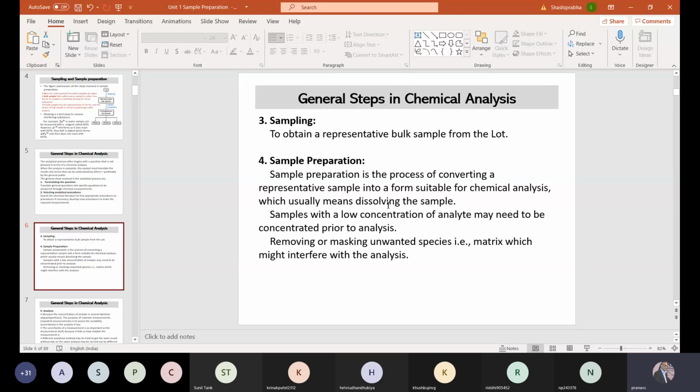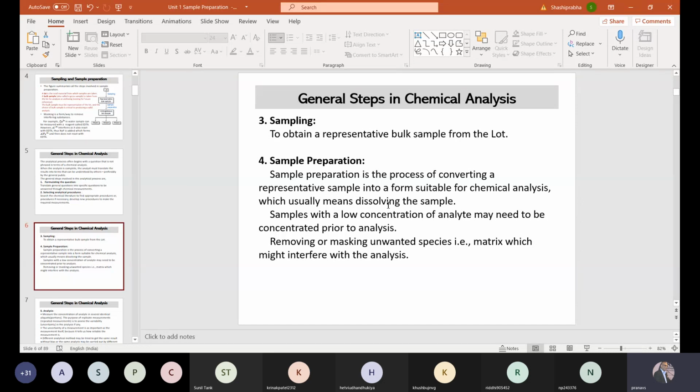So in such a case, you need to pre-concentrate it. That means you need to increase the concentration. If it is a higher concentration, it becomes easier to simply dilute. But when it is a very low concentration, you need to pre-concentrate. When you pre-concentrate, you need different techniques, and we have several techniques in our syllabus in this unit which help us in pre-concentrating as well.